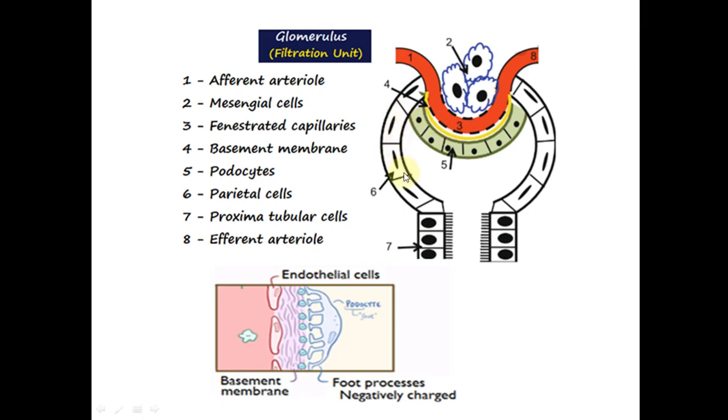The outer portion of the epithelial cell is the parietal epithelium, which lines the inner lining of the Bowman's capsule, and this is the urinary space, where the filtrate collects and finally drains into the proximal convoluted tubules.